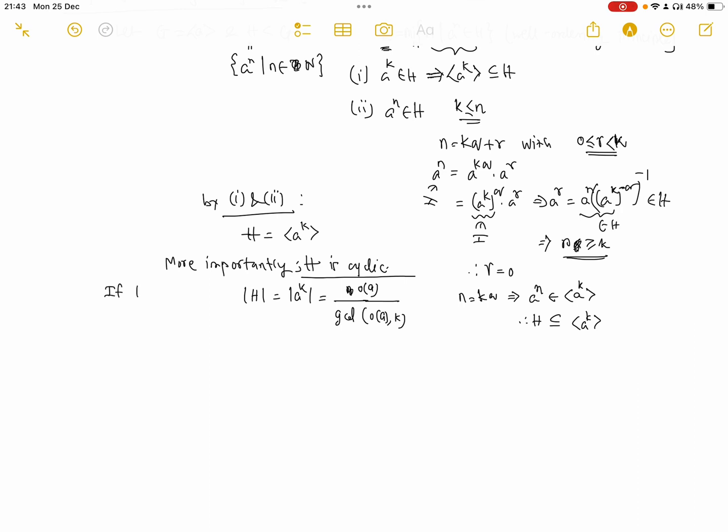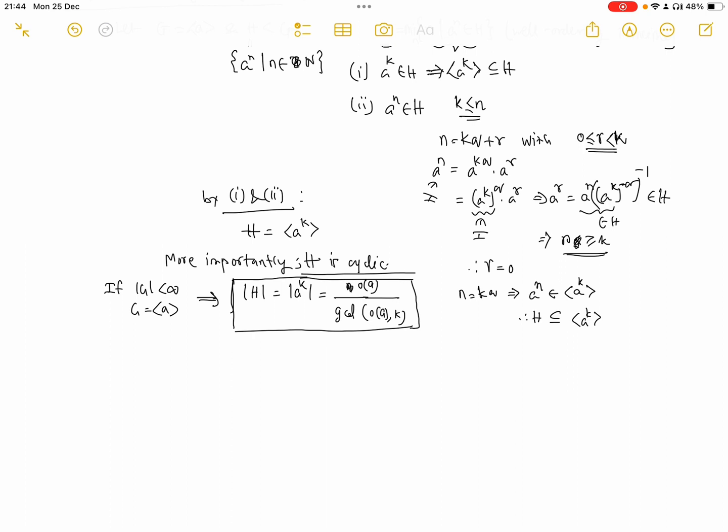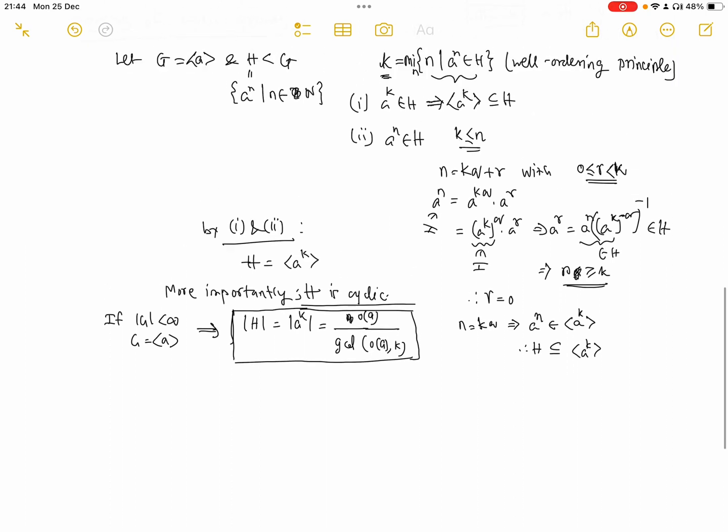So if G is finite and G is generated by A, then these things make sense. So precisely we can also figure out the order of that subgroup. Yeah, so that is a very important thing: any subgroup of a cyclic group is cyclic.